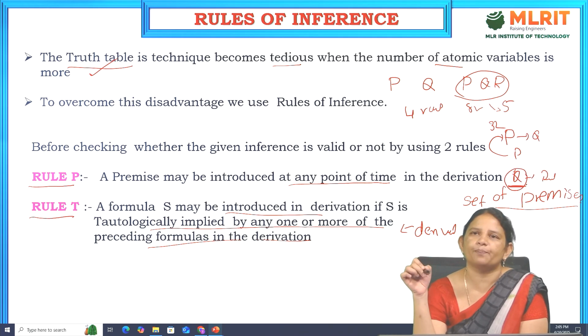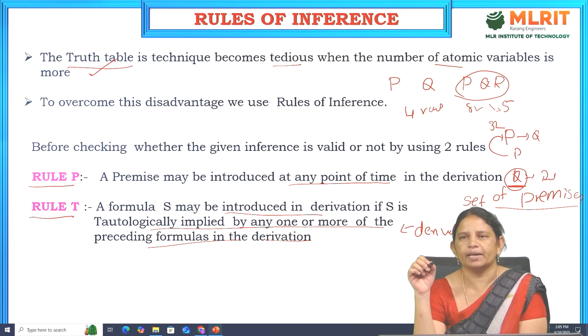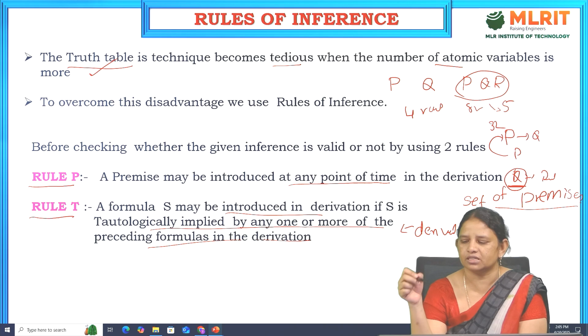If any premise is derived from the set of premises, then we call it rule T. What about rule P? Rule P is already present in the set of premises. But rule T means a premise derived from the set of premises. For this set of premises, we apply the rules to derive the new premise, then it is called rule T.